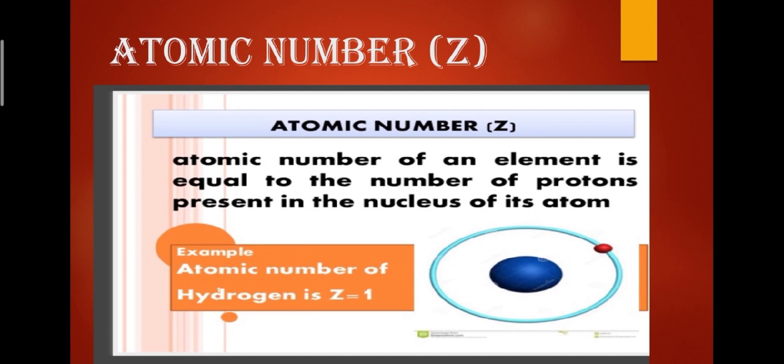The total number of protons present in the nucleus is called the atomic number of the particular element. And we know that the number of protons is equal to the number of electrons. So atomic number will be equal to the number of protons, and that will be equal to the number of electrons. It is represented by capital Z.